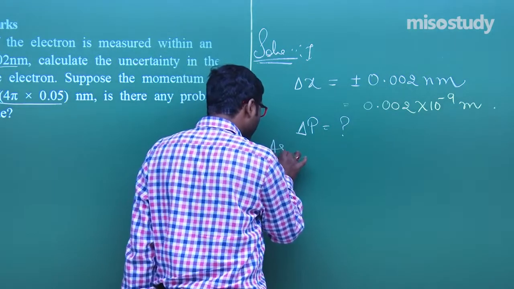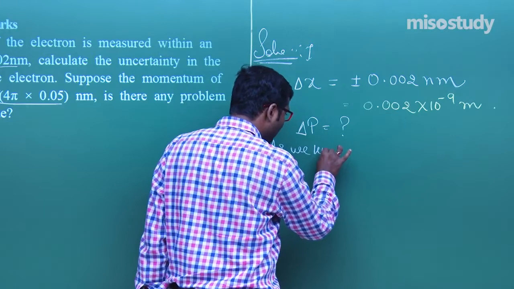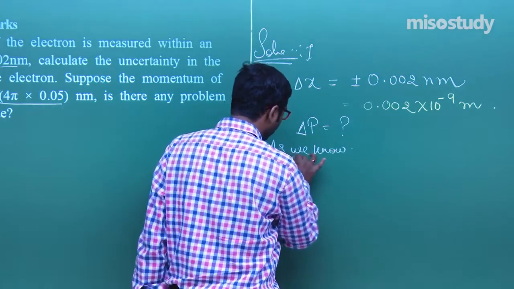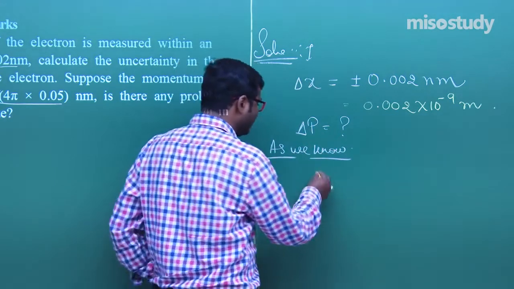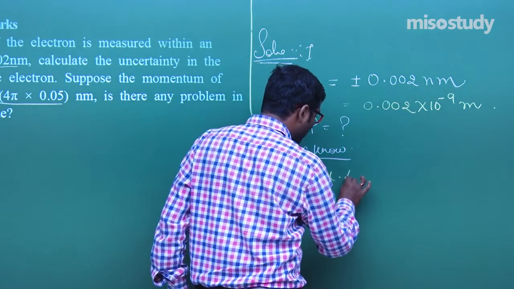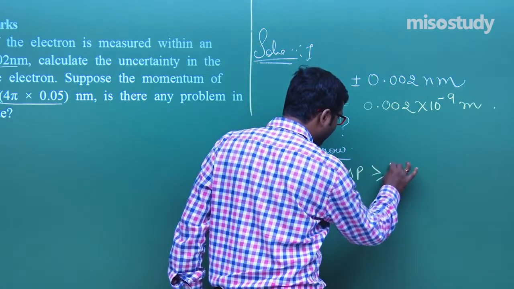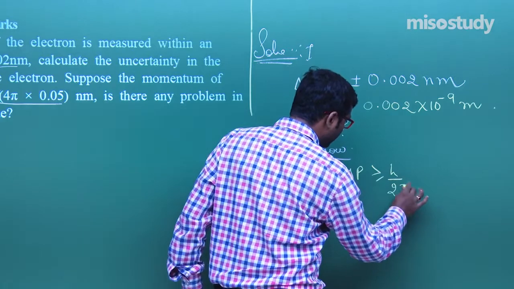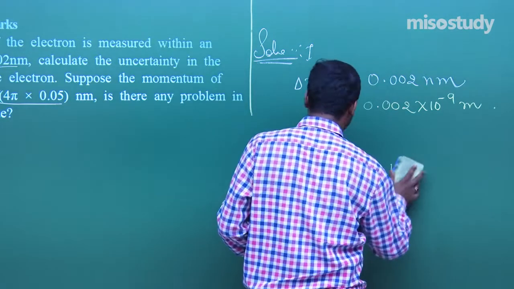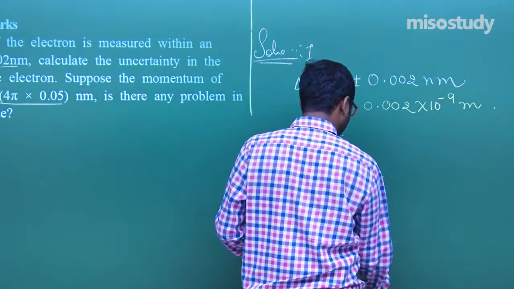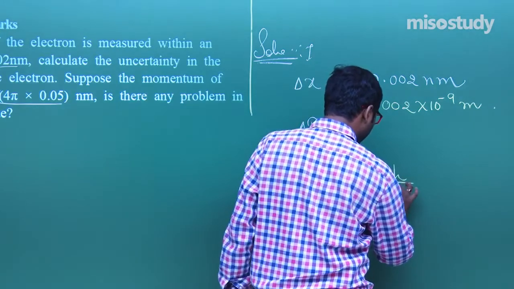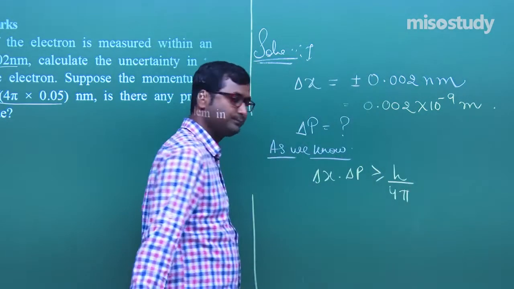Now what to do? Listen carefully. As we know, delta x into delta P is greater than or equal to h upon 4 pi. Clear to you? Put here h upon 4 pi. Yes sir.